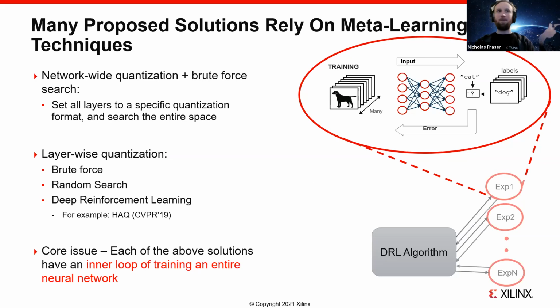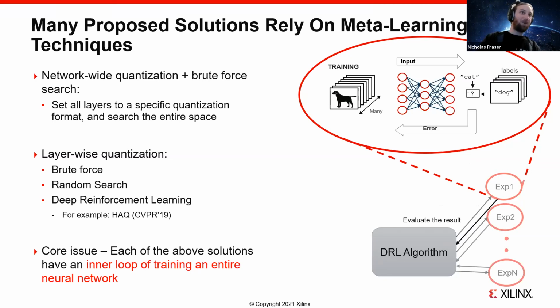There's one notable paper at CVPR a few years ago where they used deep reinforcement learning to optimize the bit widths that they were using throughout the network. But with these sorts of techniques, you still have some deep reinforcement learning algorithm that sits outside the training procedure of your neural network. It's going to estimate a bunch of quantization parameters for your network.